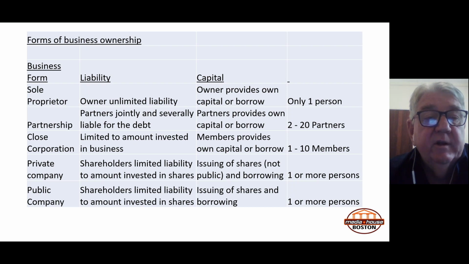And as such, they are jointly and severally liable for the debt. What we mean by jointly and severally is that if the partnership owes R1 million, partner A must pay 500,000, partner B 500,000. And if partner A cannot pay, partner B must pay the whole million, and vice versa. So they are jointly and severally liable for the debt.